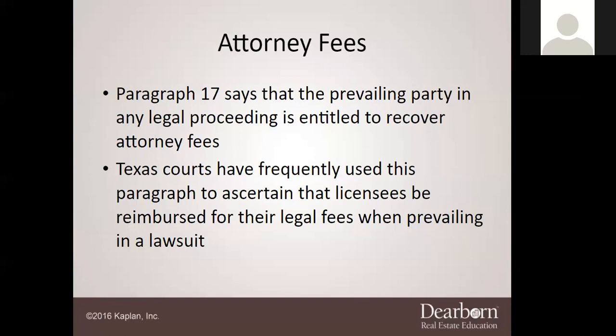The agent is advised in that situation to get his own attorney, because who do you think the real estate broker is going to look out for, the agent or the broker? The broker, because they want to get the liability off of himself and onto the agent.